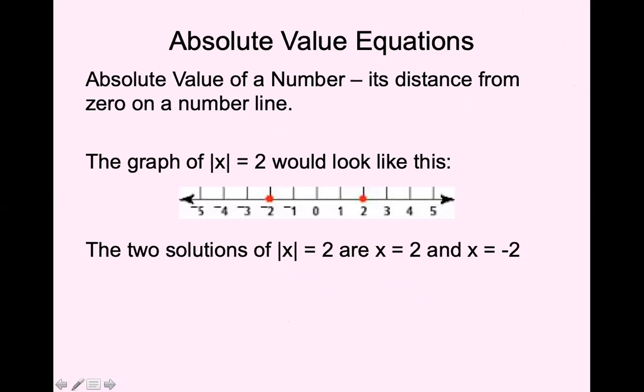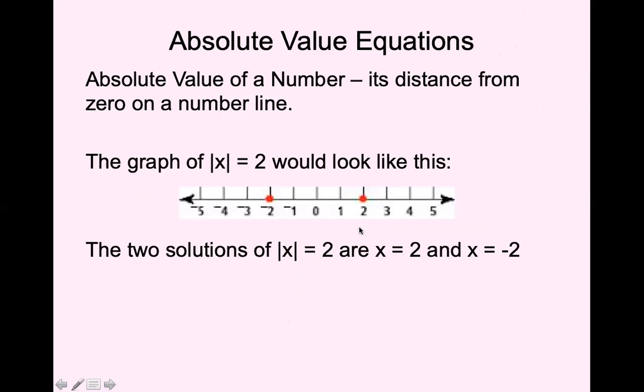So we're going to talk again about absolute value. Absolute value of a number is its distance from 0 on a number line. This says the graph of the absolute value of x equals 2 would look like this, because both -2 and 2 have an absolute value of 2.